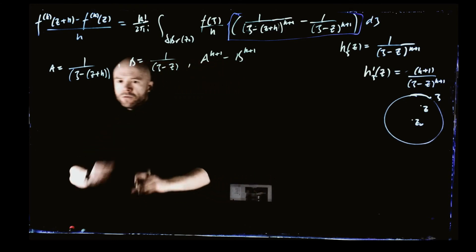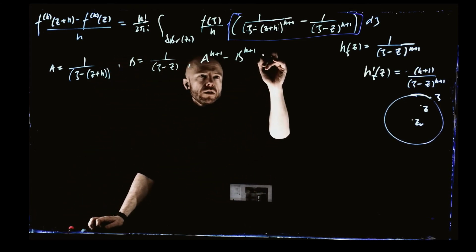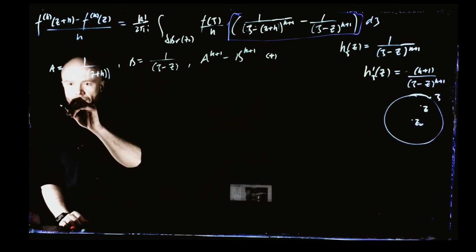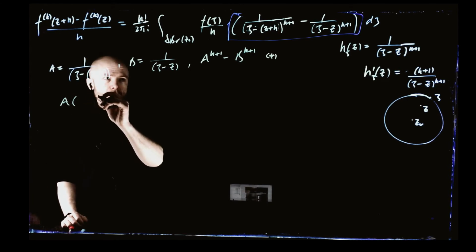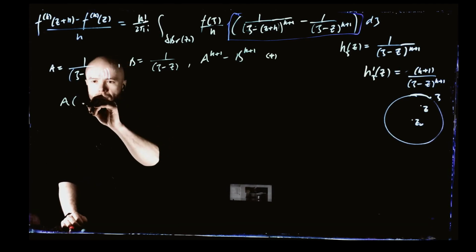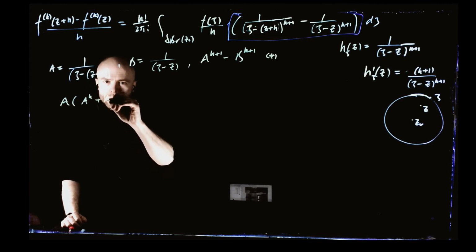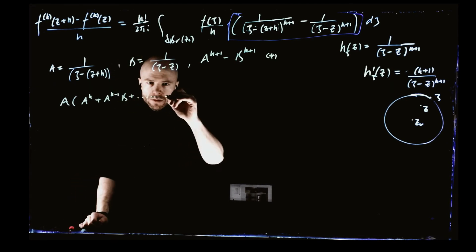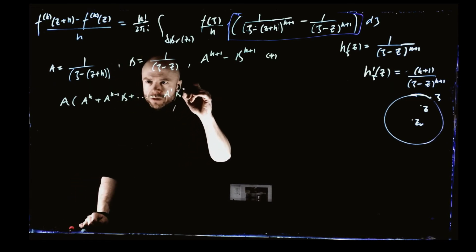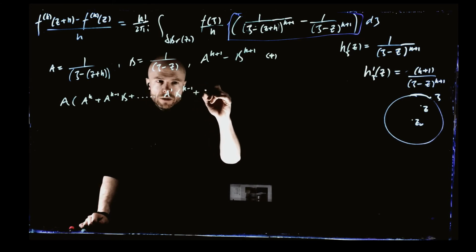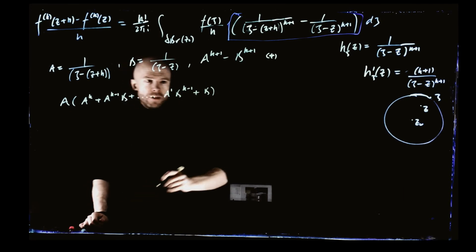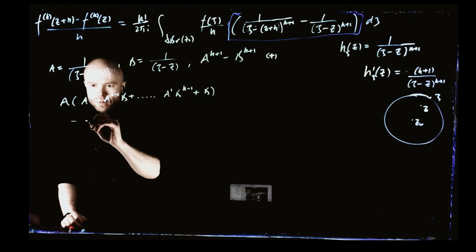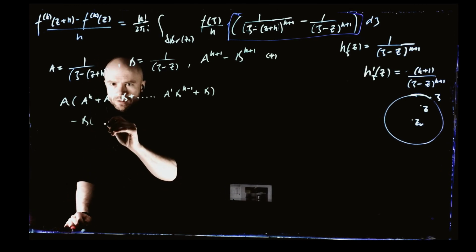If we call this thing star, if we take a times a to the k plus a to the k minus 1 times b plus and so on, down to a times b to the k minus 1, and then finally plus b, and then we subtract b times all of this thing.